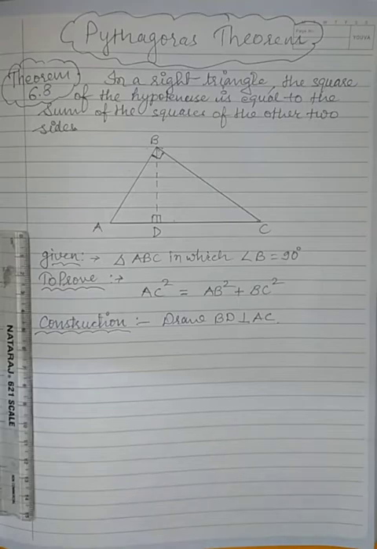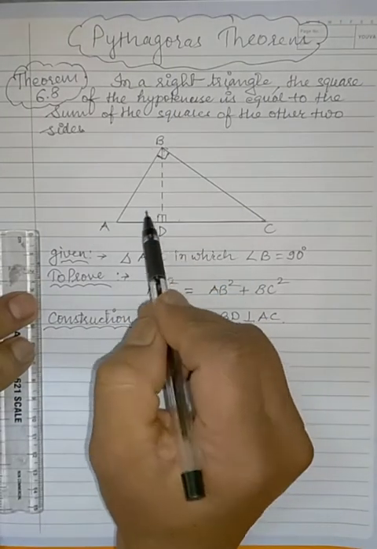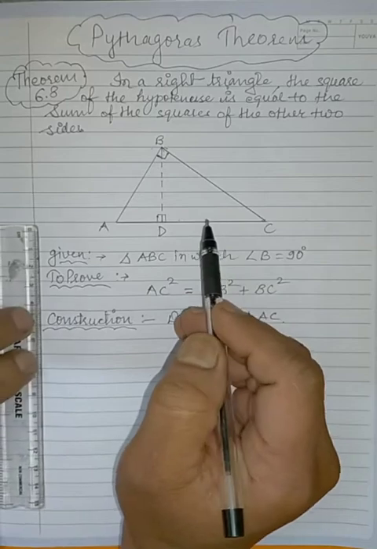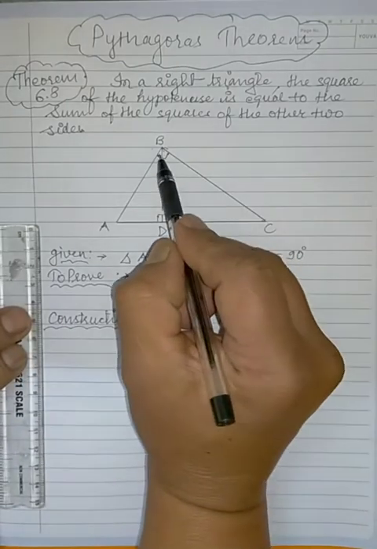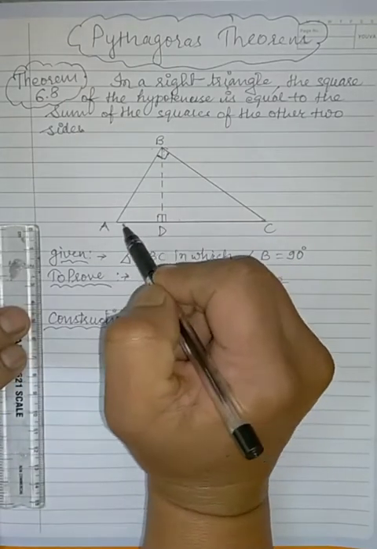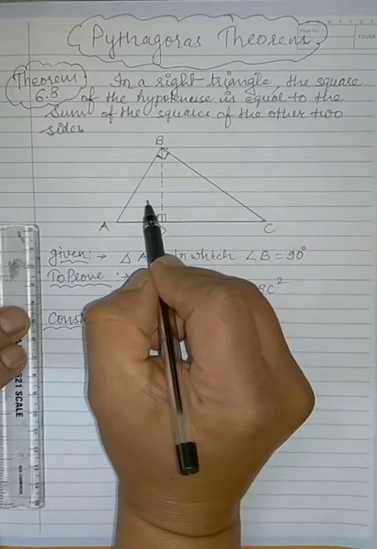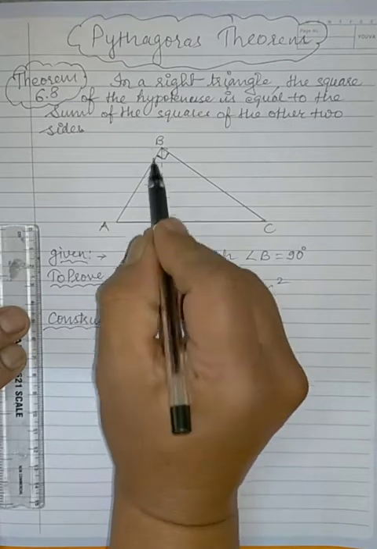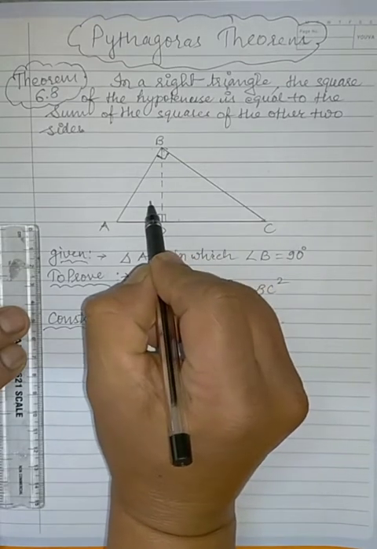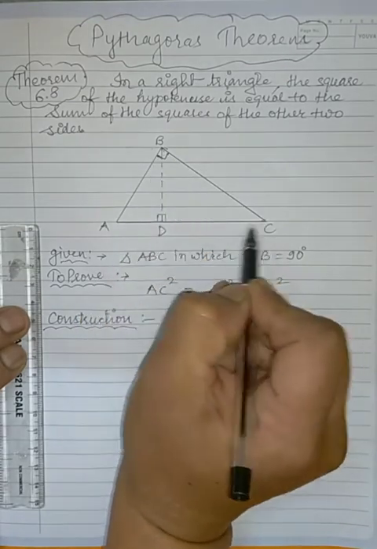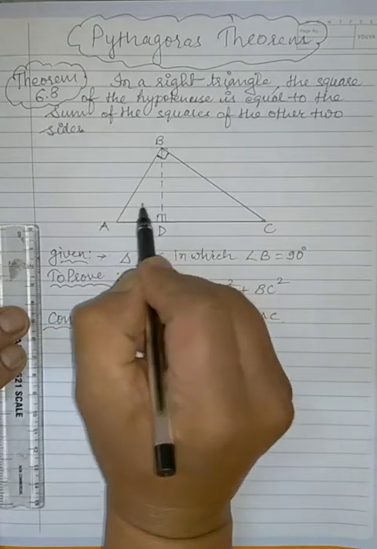Now here, this gives you the idea for theorem 6.7, which says that if a perpendicular is drawn from the vertex of the right angle to the hypotenuse, then the right angle triangle formed on both sides of perpendicular are similar to the whole triangle and similar to each other.